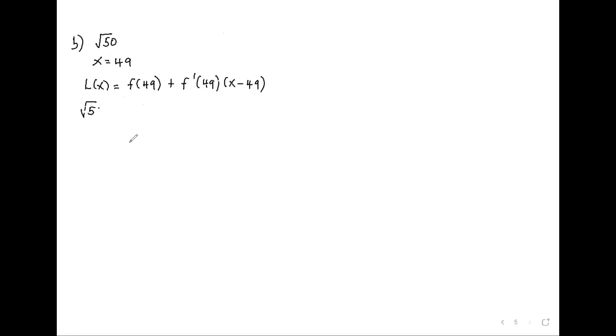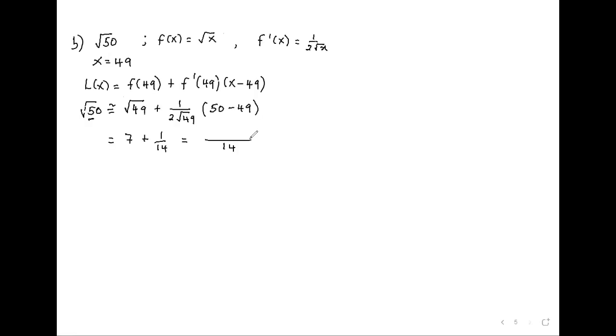Now if we are to approximate the root of 50, which is not given, the closest perfect square to 50 is 49.